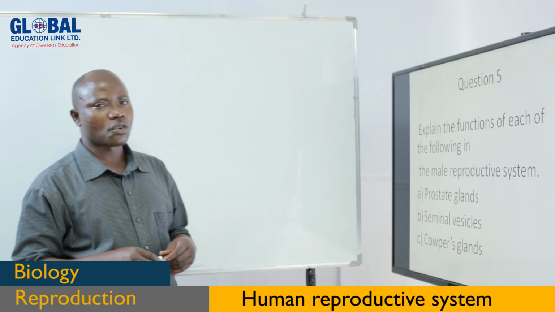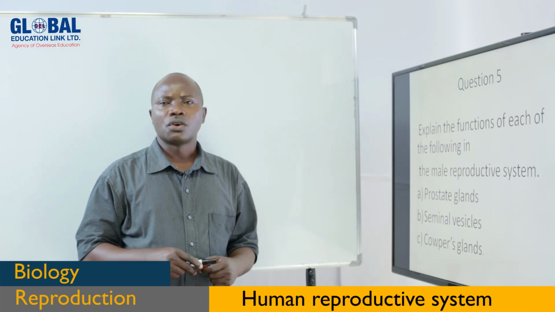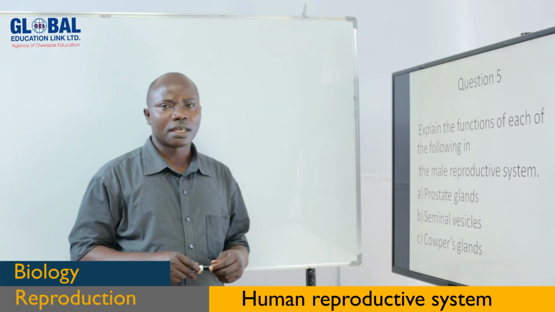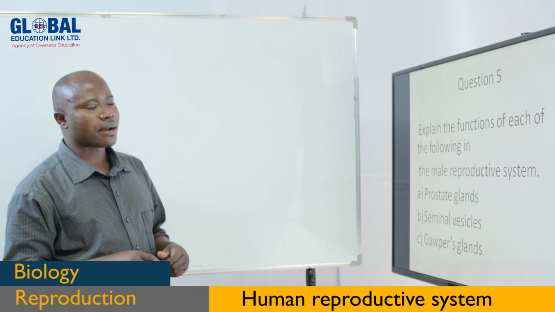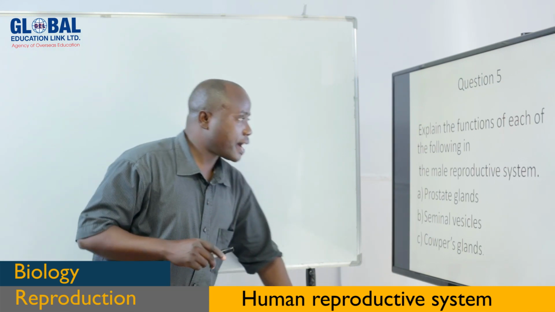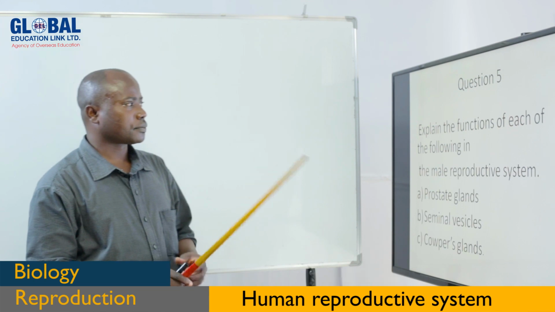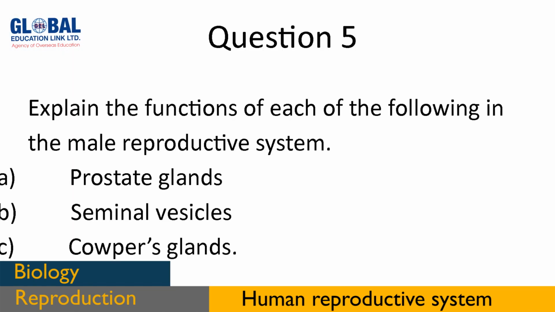After having done question number 1, question number 2, question number 3, question number 4, let us see question number 5. The question number 5 reads as follows. Explain the functions of each of the following in the male reproductive system.